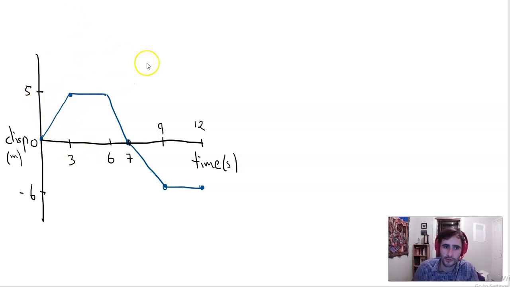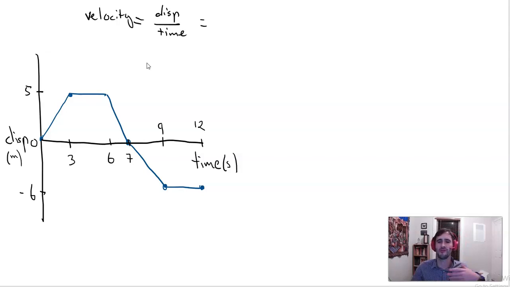All right, so how do we calculate velocity? Just to remind you of what we looked at a few lessons ago, velocity equals displacement over time. And if it jogs your memory from year 9, that would be gradient, which is rise over run.